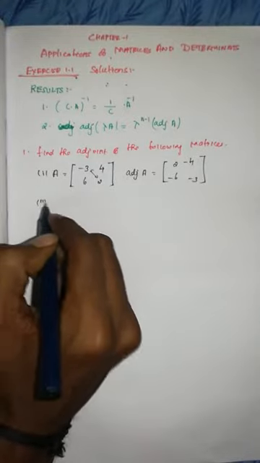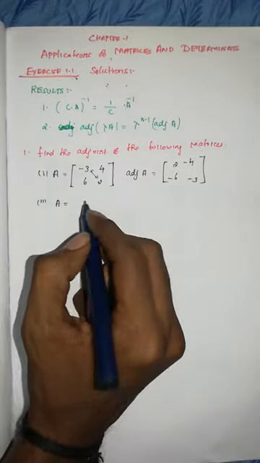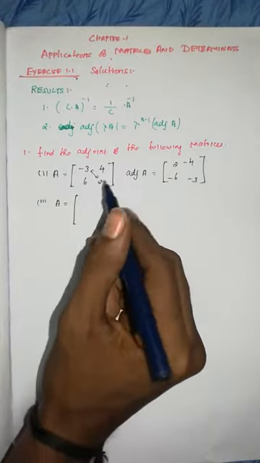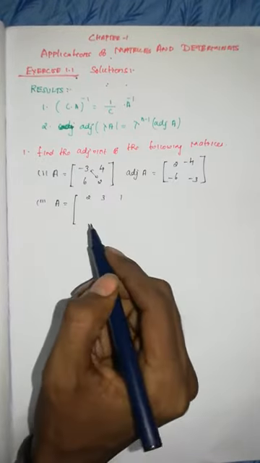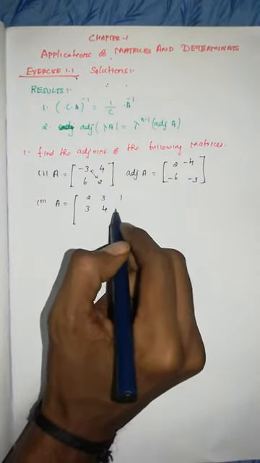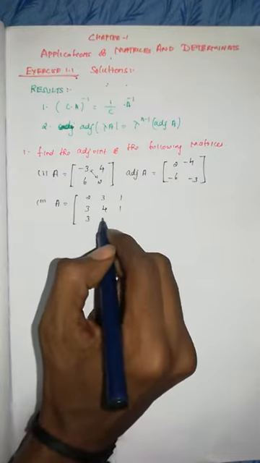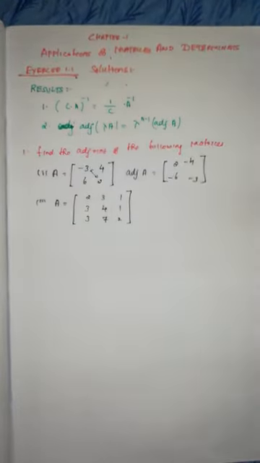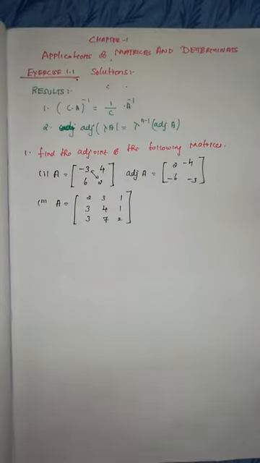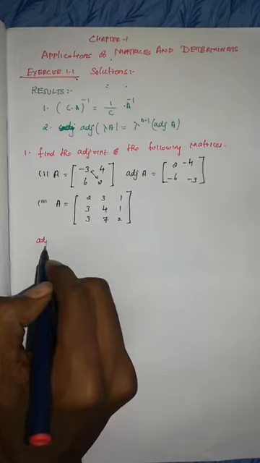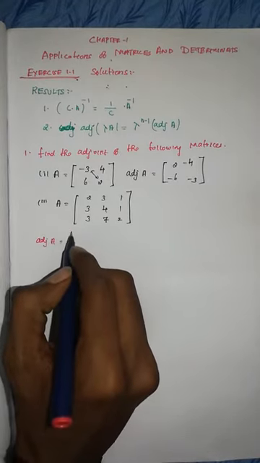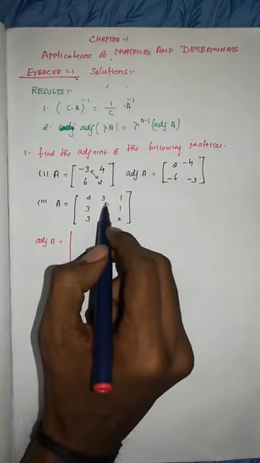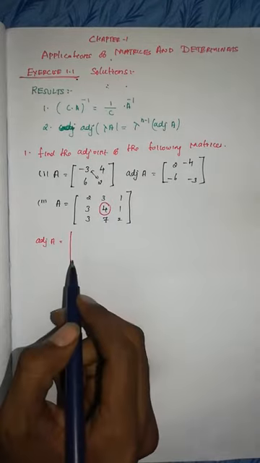Now second question, I'm taking that matrix as A, which is 2, 3, 1, 3, 4, 1, 3, 7, 2. We need to find the adjoint of A. We know how to find the adjoint for a 3 cross 3 matrix. So adjoint of A is determinant of, first you start with the pivot element which is 4.